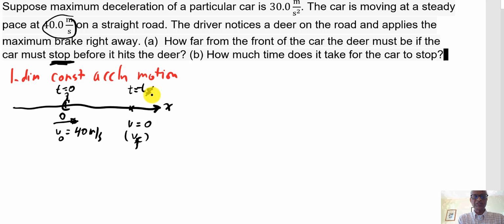We'll just call it t here, not tf. There is an initial position, x0, which is 0, and this is the final position. Sometimes you call it xf, but I'm just going to call it x.